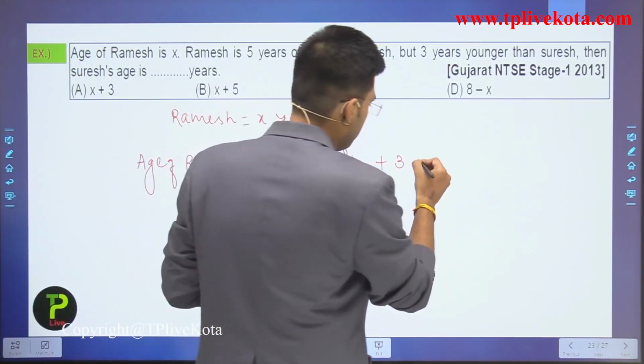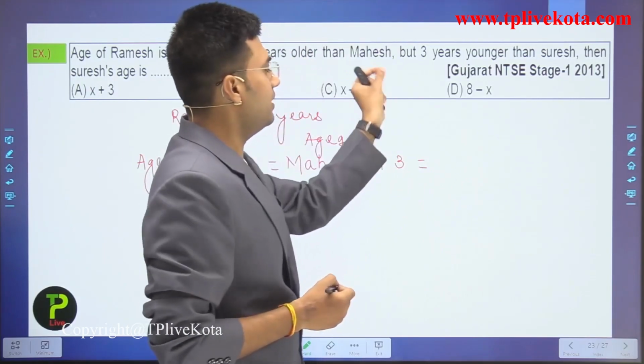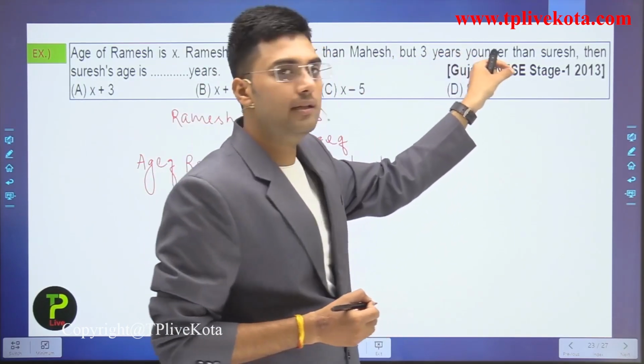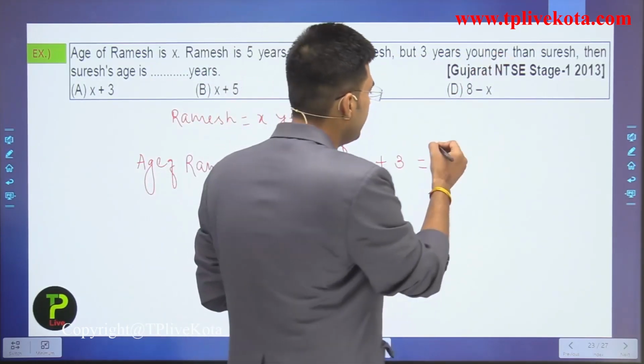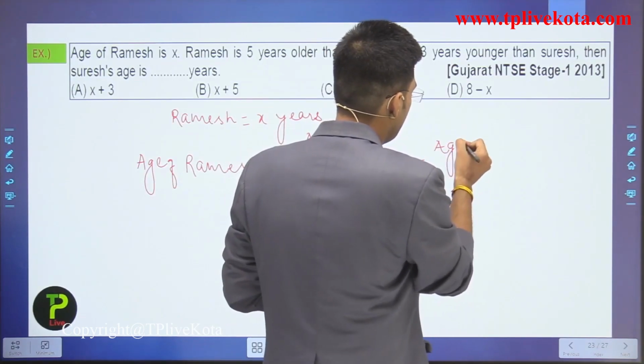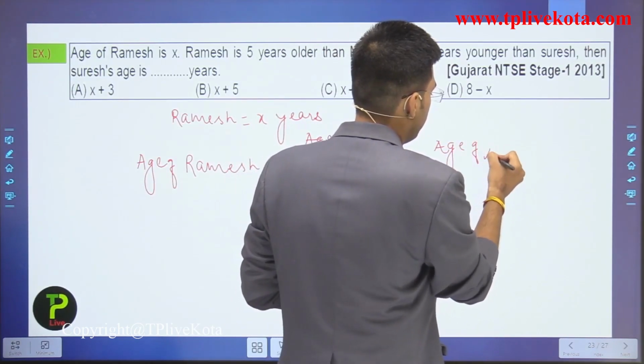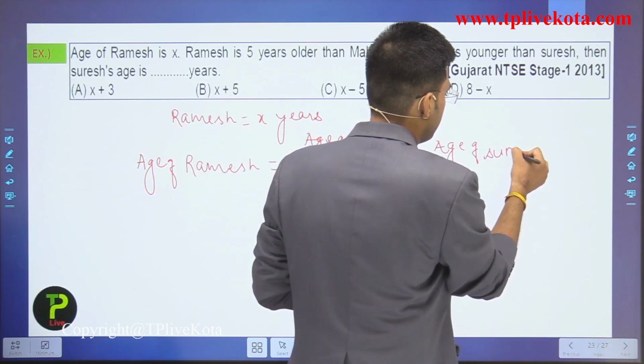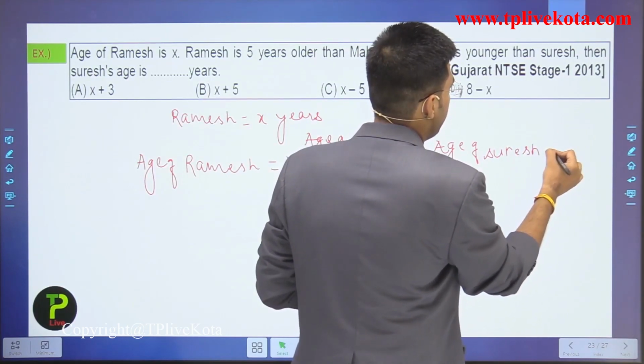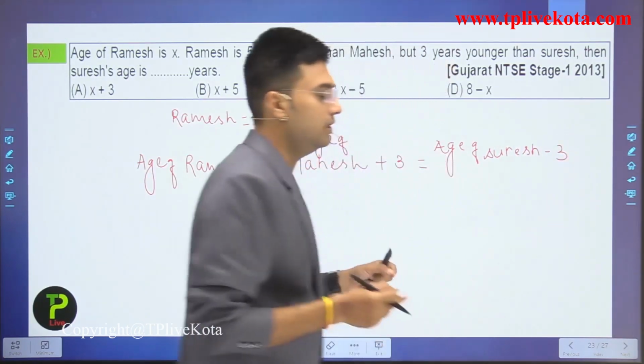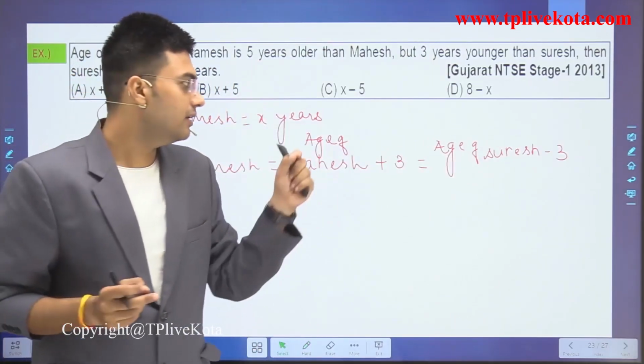It is equal to, but he is 3 years younger than Suresh, so we can write it as the age of Suresh minus 3, because he is 3 years younger than Suresh.